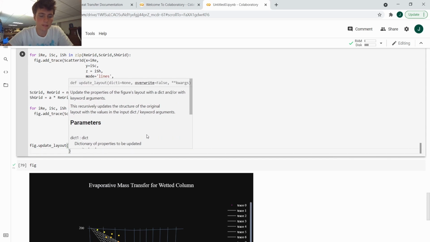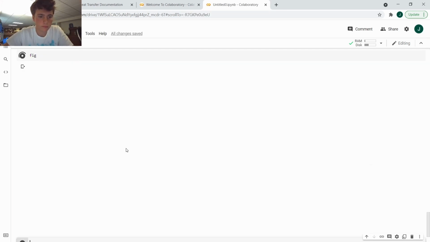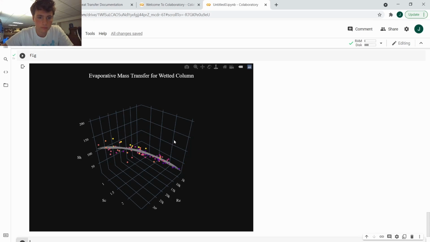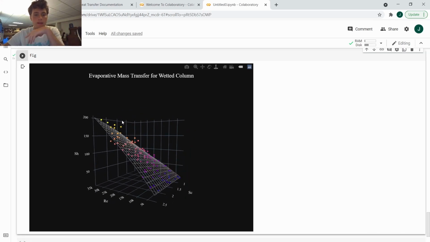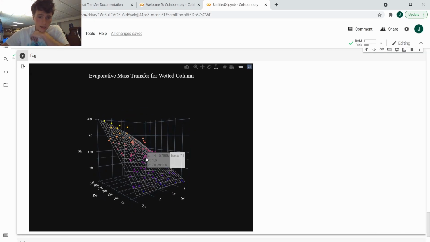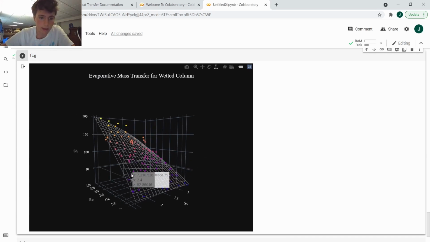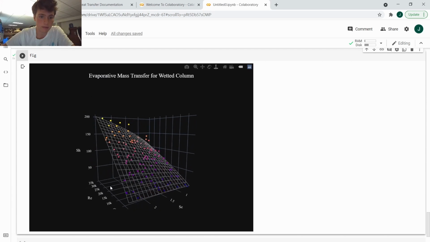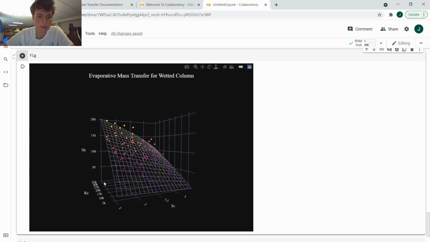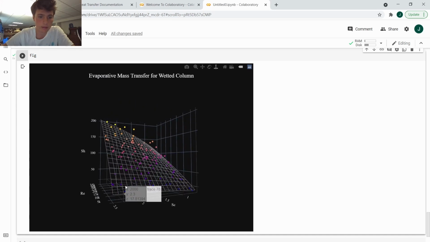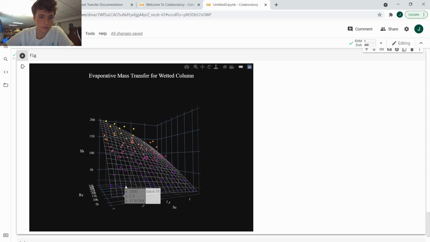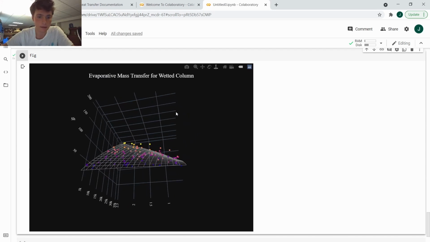Yeah, that's all we need to do. And there we go. That is all our data. It's 100 points, and then we have a wireframe plot of what our model predicts. We see that it fits our data very well. We have a nice little graph here. We can even zoom in and out. It's very nice. This is why I like Plotly.